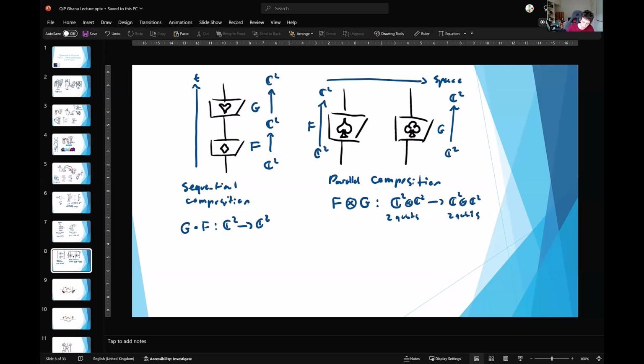And this is just a tensor product. Now, if you try to write them as matrices explicitly, the sequential composition is just the usual product of matrices, which is not, to be fair, too hard to do. But the parallel composition is what's known as the Kronecker product of the matrices, which becomes larger.